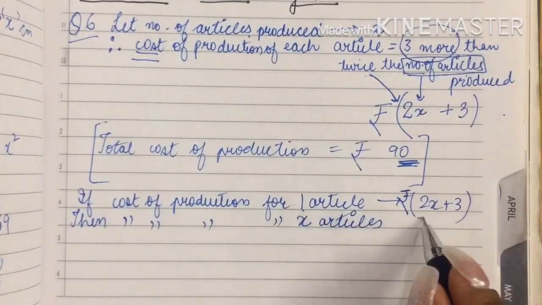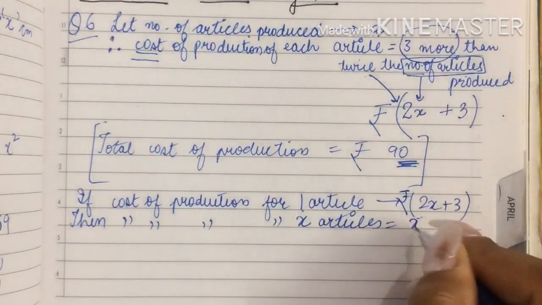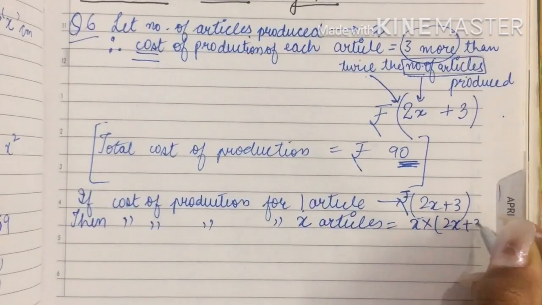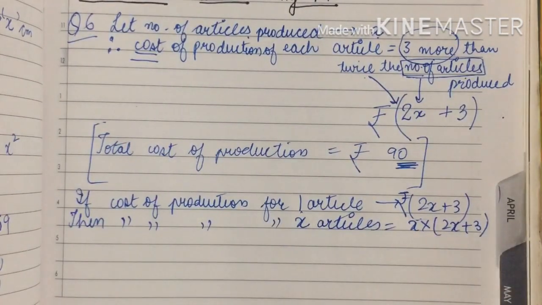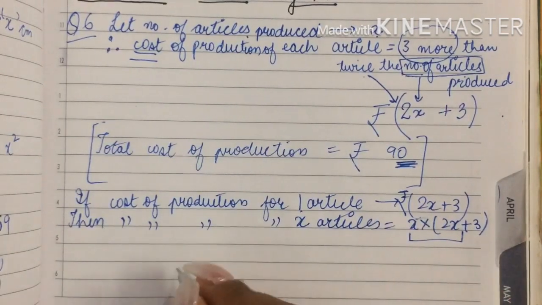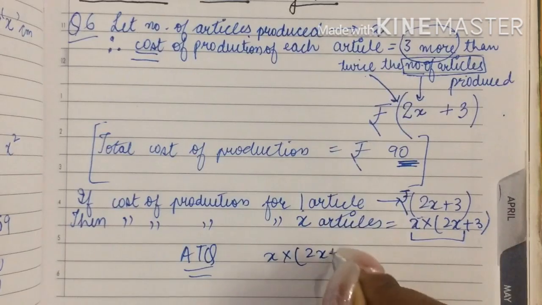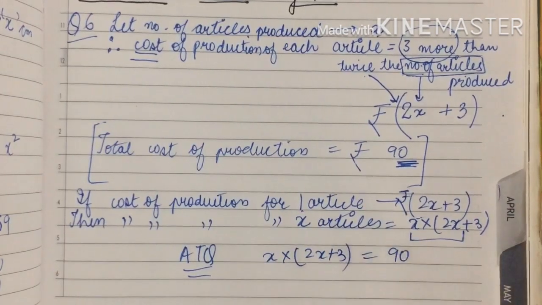For 1, the cost is 2x plus 3. For many, it will be x multiplied by 2x plus 3. And this cost is given as 90 rupees. According to the question, this cost is 90 rupees.